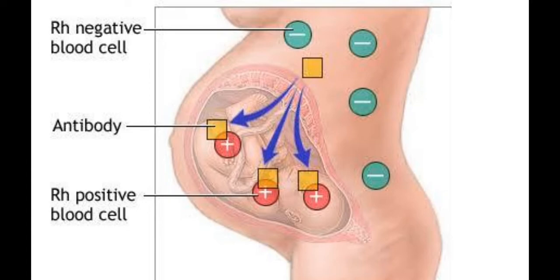The first child was okay, but with the next pregnancy there were big problems, the fetus was always dying. There were miscarriages many times, and only after long years she got another child with O type blood, so the combination was again OO.